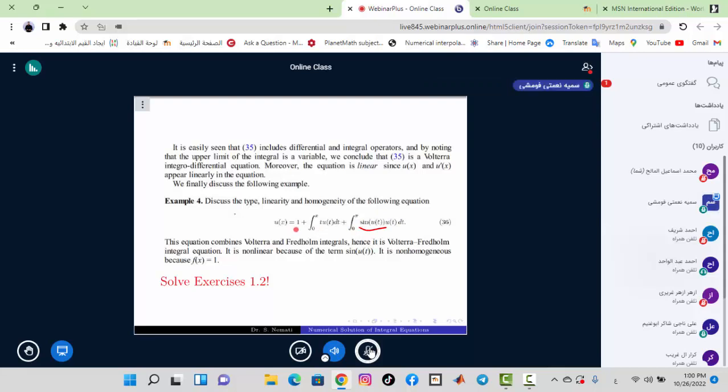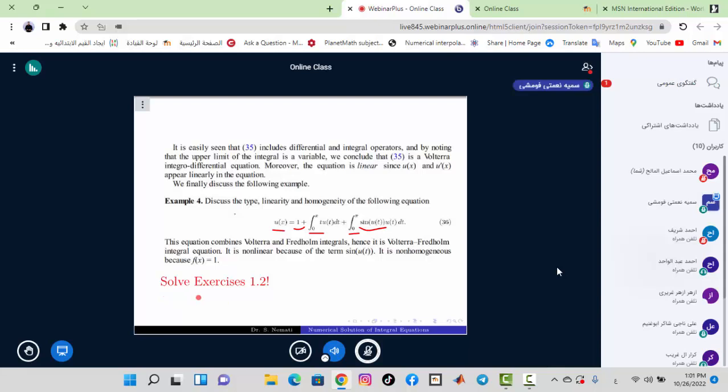Once again, it's non-homogeneous because the function f is non-zero. This is second kind because we have the unknown function u outside the integral, and it includes a Volterra part and also a Fredholm part. So this is a nonlinear Volterra-Fredholm integral equation of the second kind.